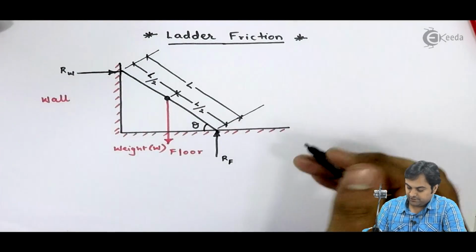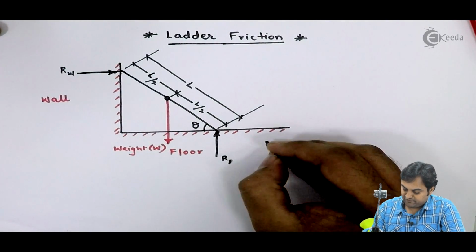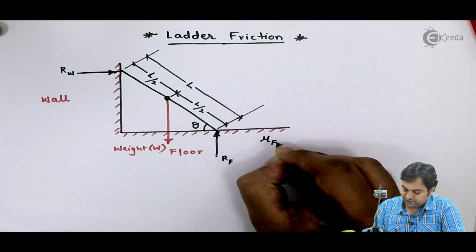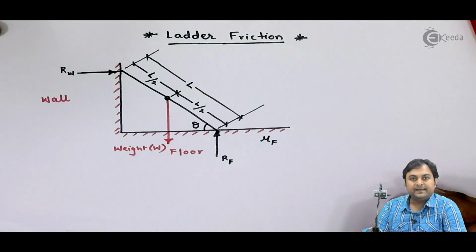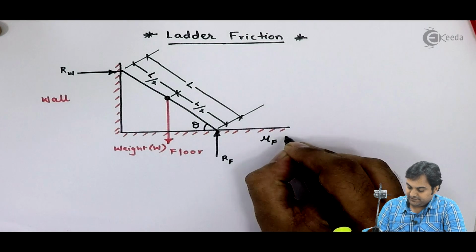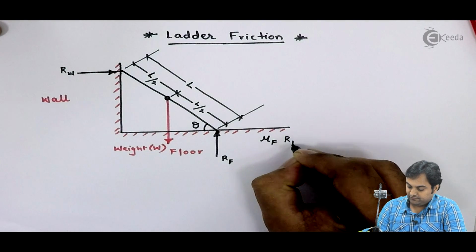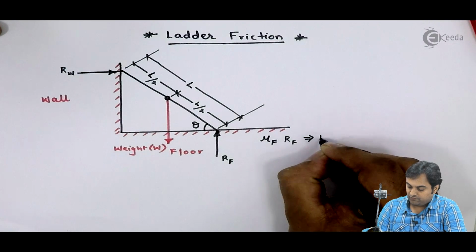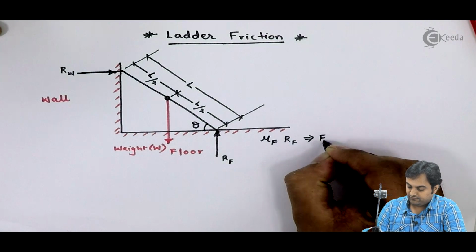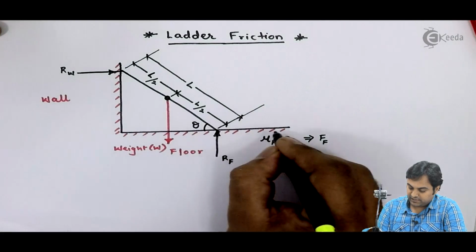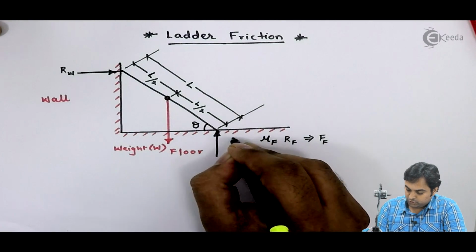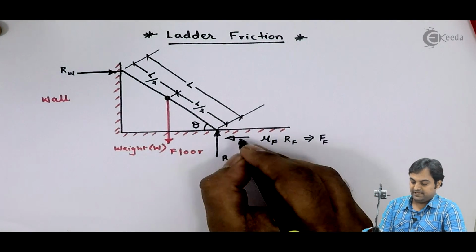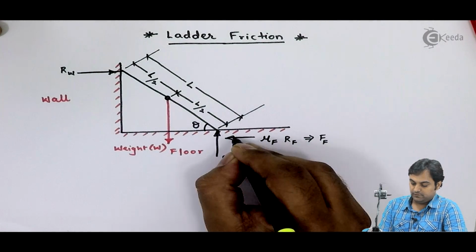If I consider mu suffix F as the coefficient of friction between ladder and the floor, then if I multiply it by the reaction offered by the floor, that will give me the friction force offered by the floor, and that will try to move the ladder towards the wall. This is the direction of frictional force.